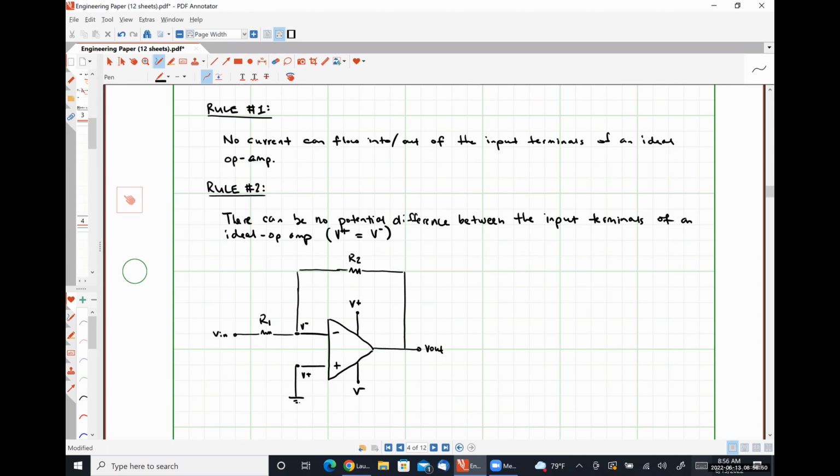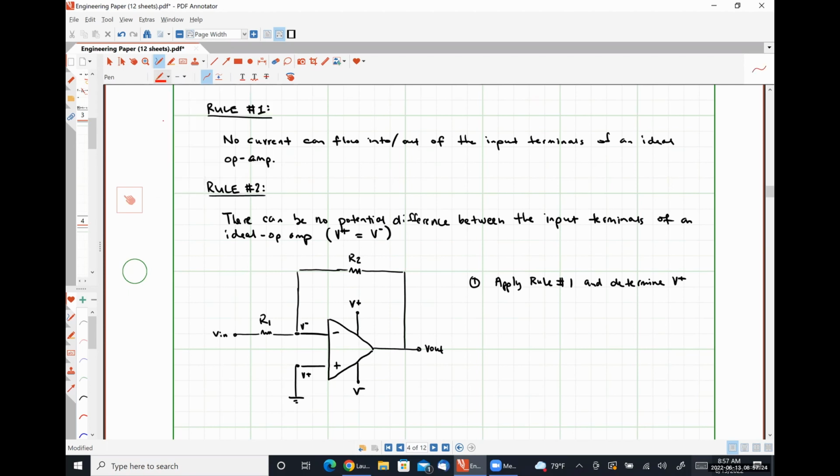All right, so step one is going to be apply rule number one and determine the voltage V plus, which is the voltage present at the non-inverting input terminal.